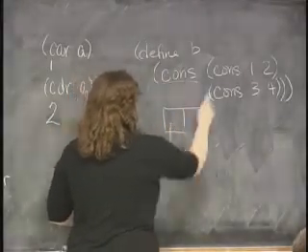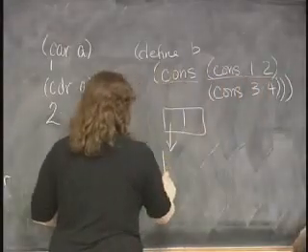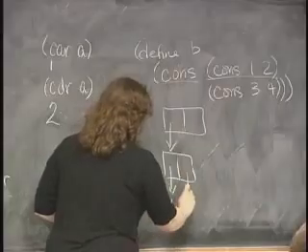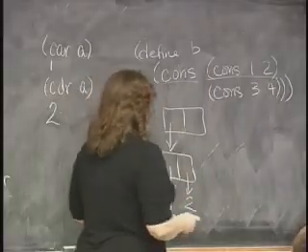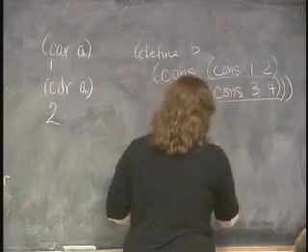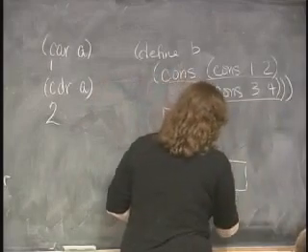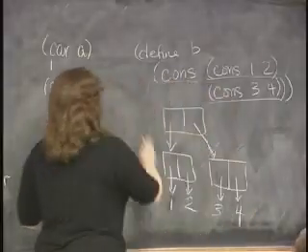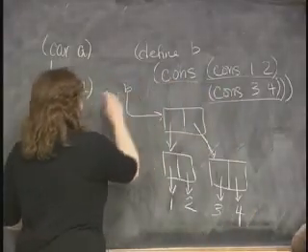The first one points to this pair, 1, 2. And the second one points to this pair here, 3, 4. And then B is bound to that.